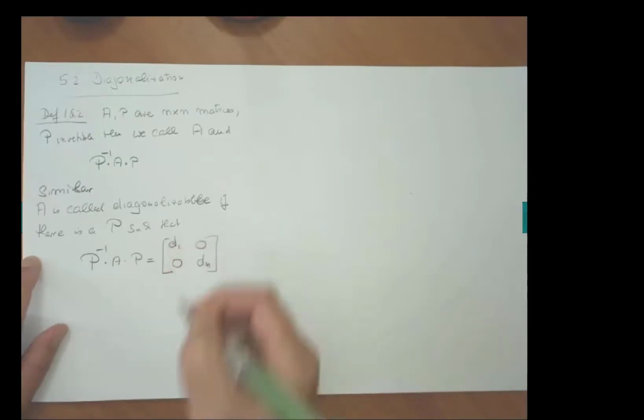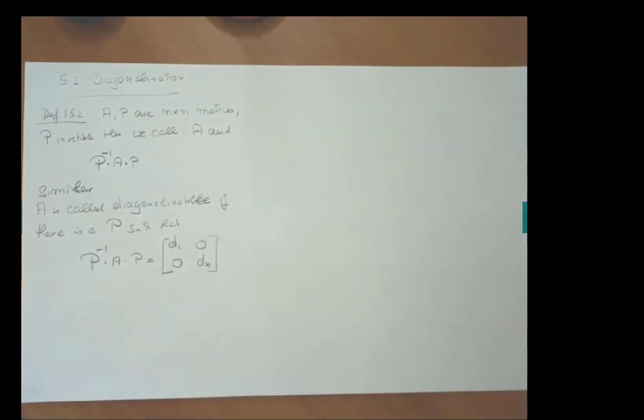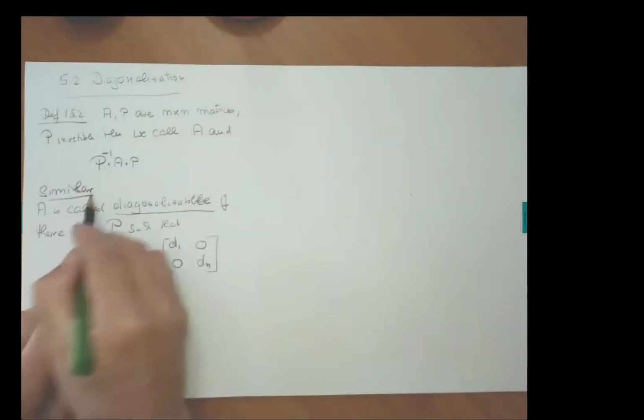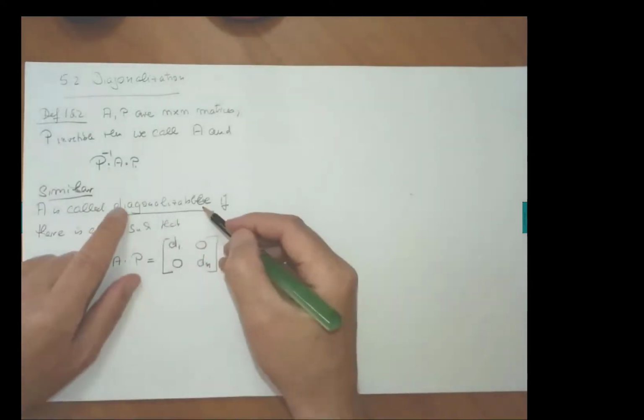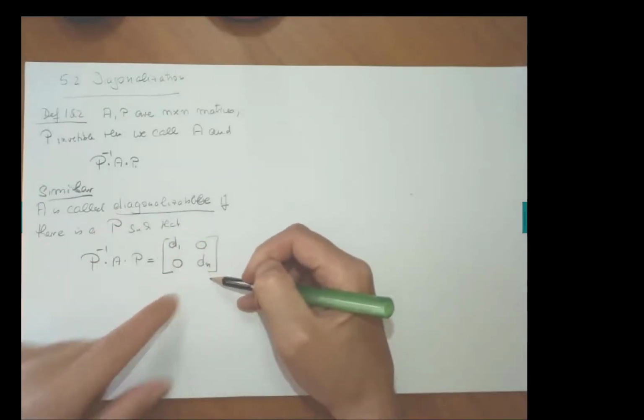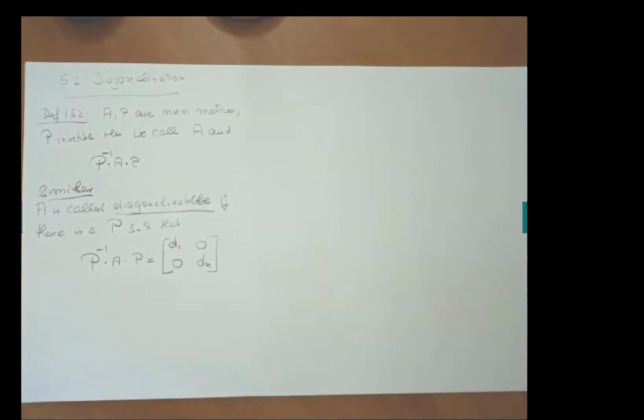So only numbers along the diagonal. So A is diagonalizable if there is a similar matrix such that you have diagonal shape.